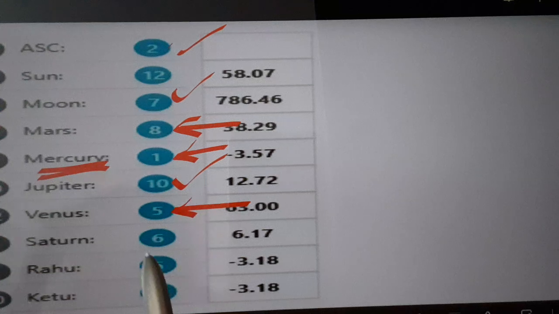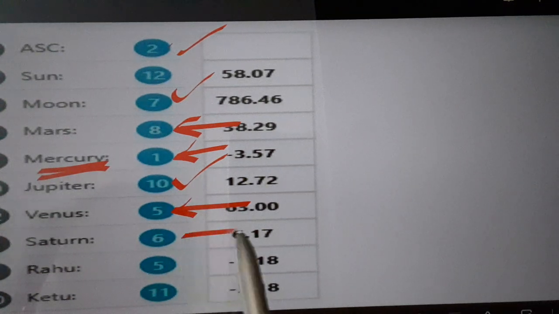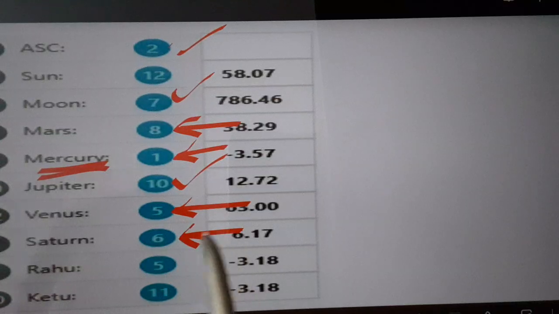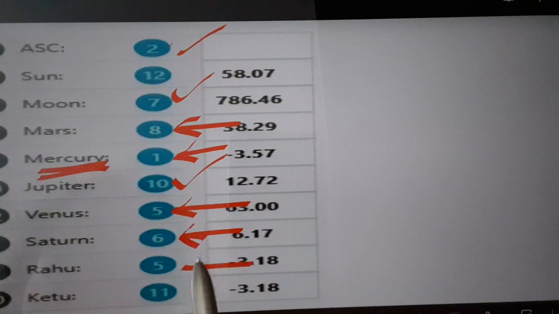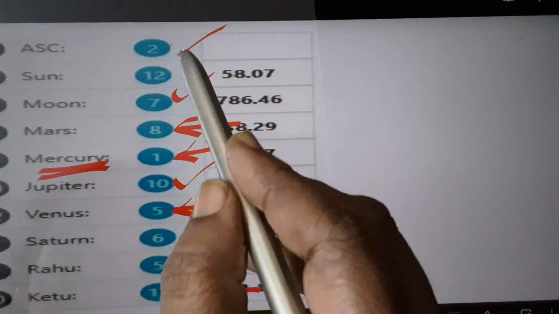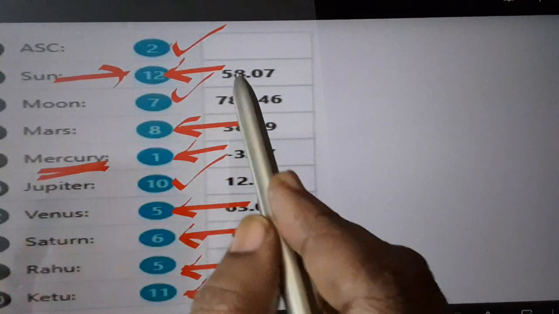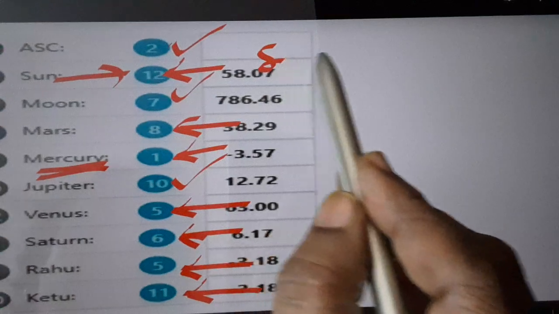And now when Venus is showing 5, that is also not that good, and 6 is self-propagation and self-advancement, and 5 is speaking cleverly. Anyhow Rahu is diplomacy, and again Rahu is sitting in the fifth Navansh, and 11 is also not good. Only these two Navanshas which I have ticked here are really good. Now from here he is taking 12, so he will not get along with the father.